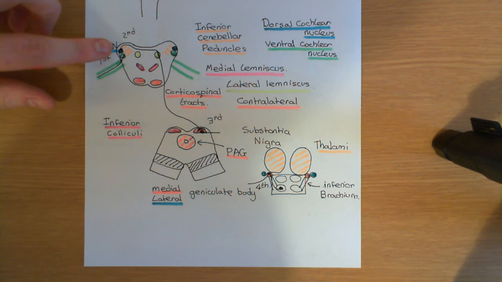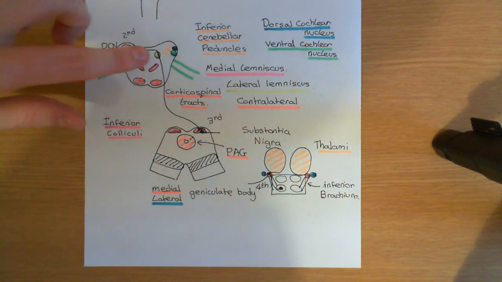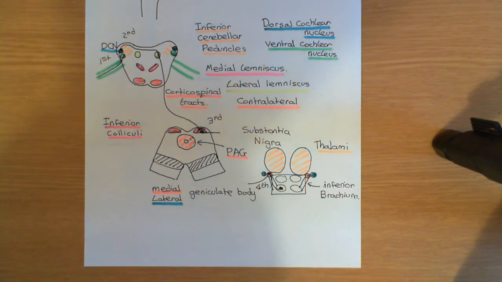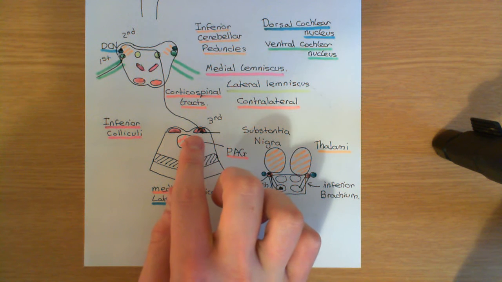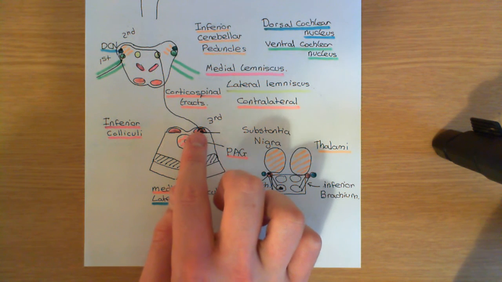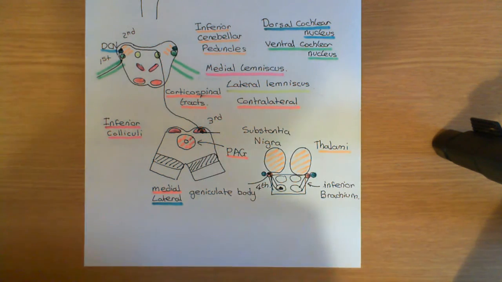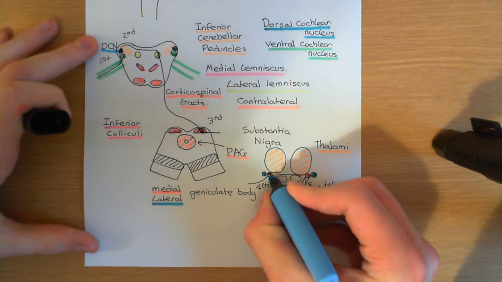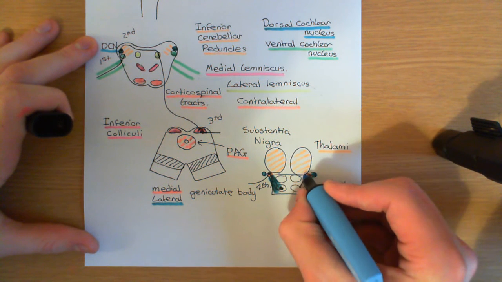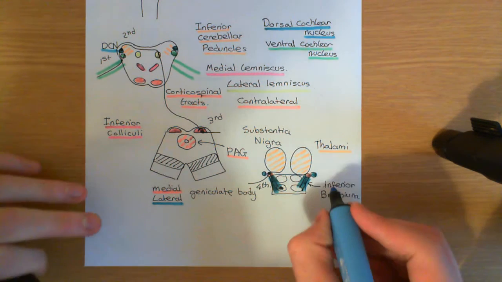Then this second order neuron is going to send its axon onto the contralateral side, in this case the left hand side now, and it's going to ascend in the lateral lemniscus up to the contralateral inferior colliculus here, where it will synapse into a third order neuron. Okay, this third order neuron is then going to go up in the inferior brachium, and I'm just going to highlight the inferior brachium. So the inferior brachium is this bit in blue, this white matter connection between the inferior colliculus and the medial geniculate body.